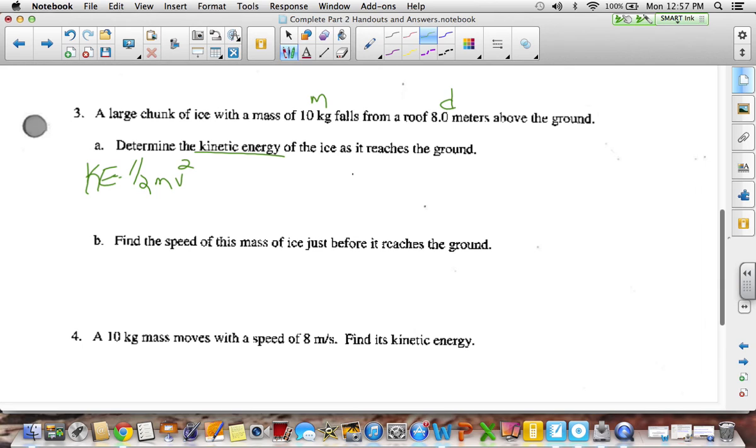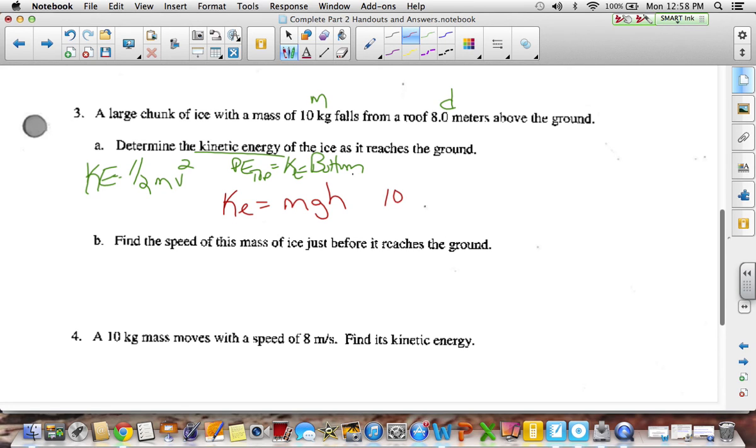Now that's where the whole idea that the PE at the top equals the KE at the bottom comes in. So what we can do is solve for kinetic energy by using the mass times gravity times height equation of potential energy. Now we can plug this in.